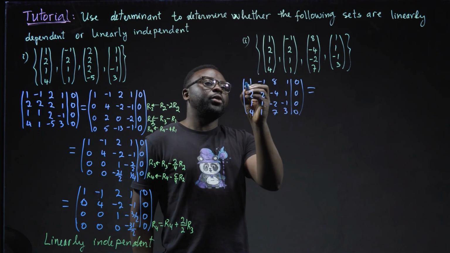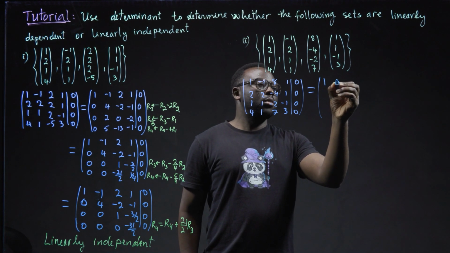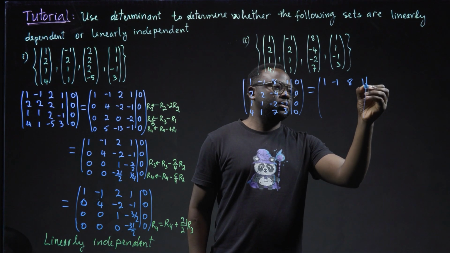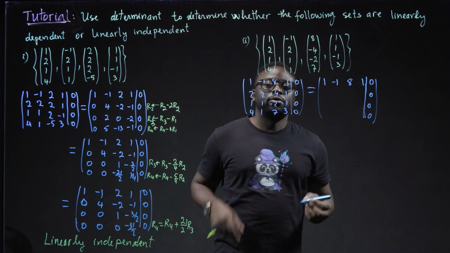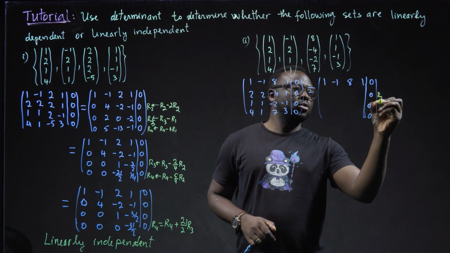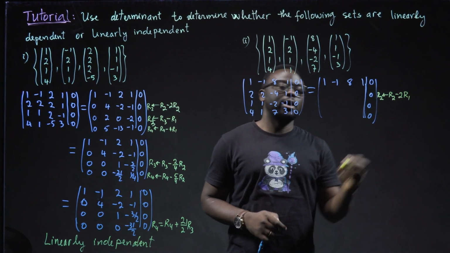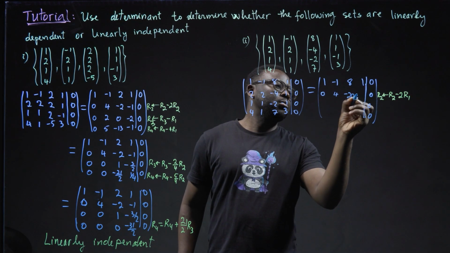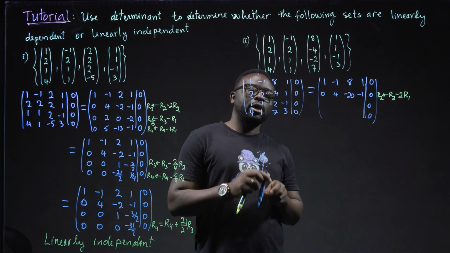First thing here is to fix the first row. This is 1, minus 1, 8, 1. On the other side we have 0, 0, 0, 0. For this, I want this to be 0. And for that to be 0, I will say R2 has to be R2 minus 2R1, right? So if we do so, we have here 0, 4, minus 20, and minus 1. For this one, we have to get rid of this 1.